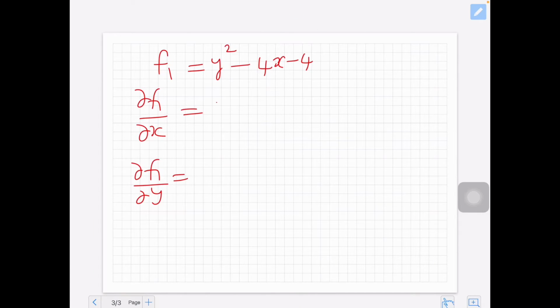Let us see what we get. With respect to y, we get 2y, and with respect to x, the y term is 0, so we get minus 4.